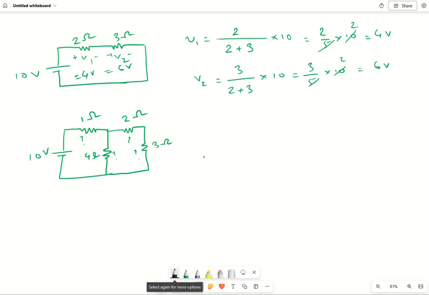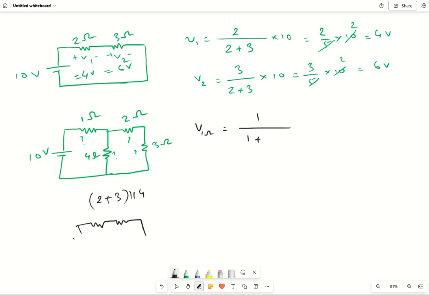Let us consider the voltage across 1 ohm. What will be the voltage across 1 ohm? It will be nothing but 1 divided by 1 plus the remaining, which is the equivalent resistance. The equivalent resistance means 2 and 3 are in series, and that is parallel to 4. So like this we will have this type of circuit, right?